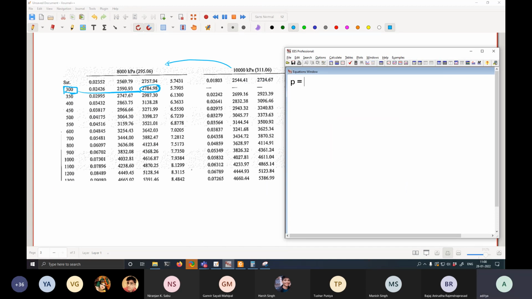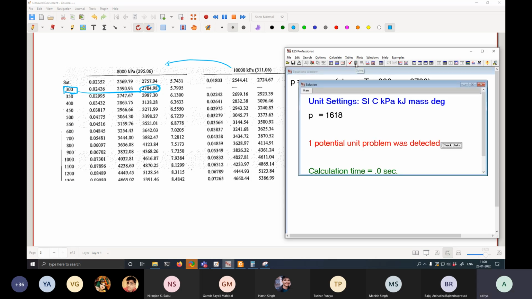So P equal to pressure, steam, T equal to 300, U equal to 2780. Solve this. So the pressure comes out to be 1618. What's going on over here?